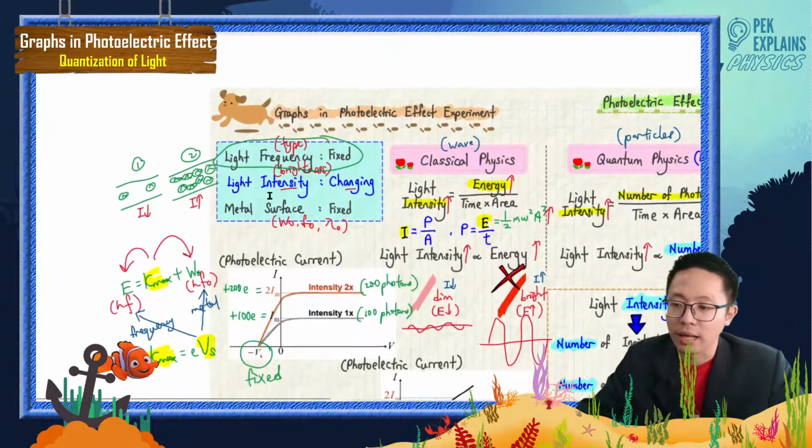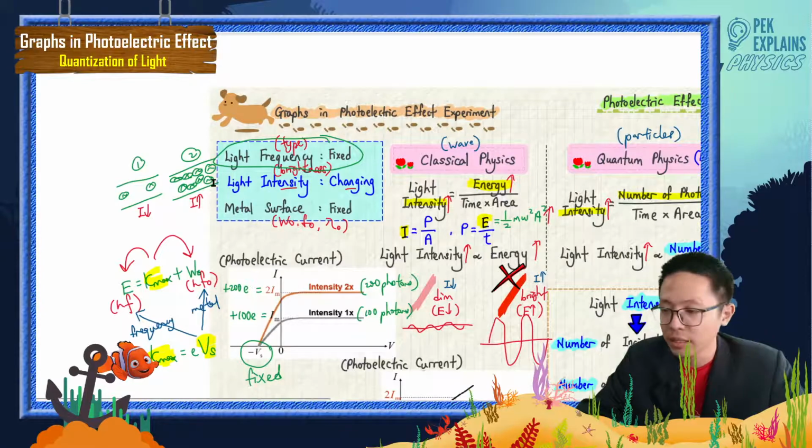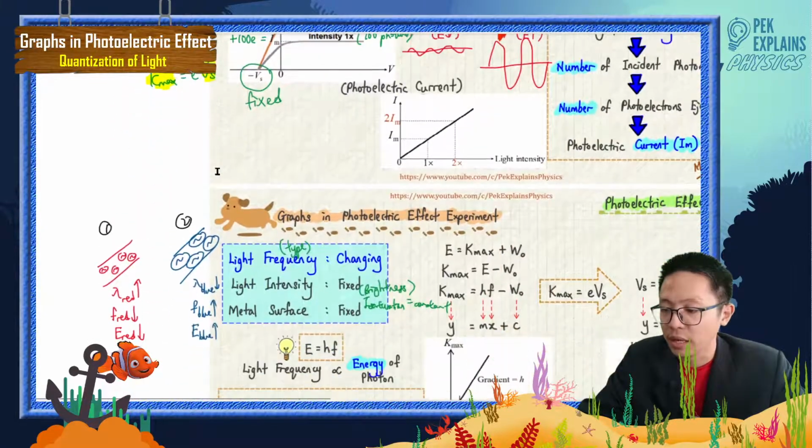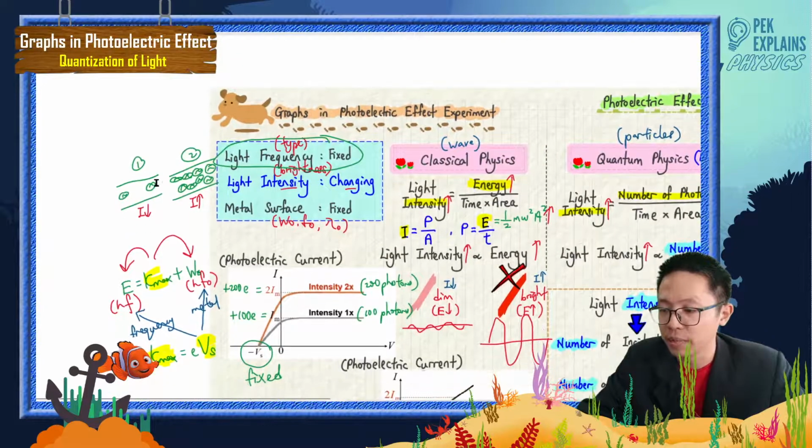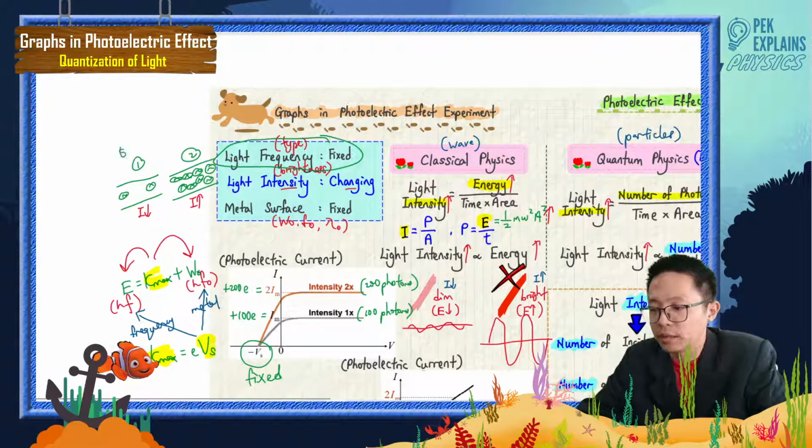So changing the intensity, you are changing the number of photons, but when we fix the frequency, we use the same type of light. The first one is green, the second one also green.